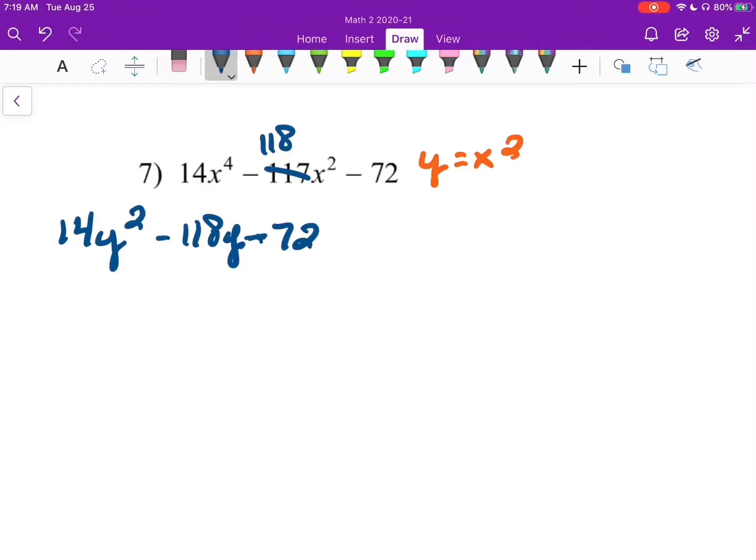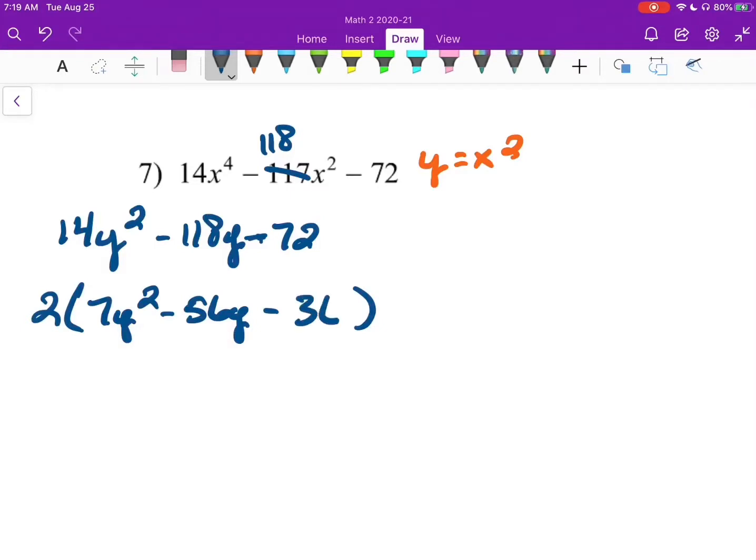So let's see, can 118 divide into 14? And the answer is no. Everything is even, so let's try taking a 2 out of it. So we're going to have a 2 and then some big parentheses with everything in it. Since we're factoring, and since there's no equal sign, we need to make sure that we keep that 2. We can't lose it. So we're going to have 7y squared minus 56y minus, is that 36? What is that?